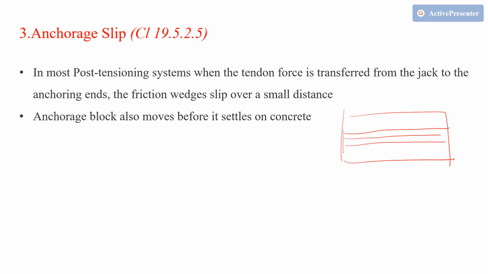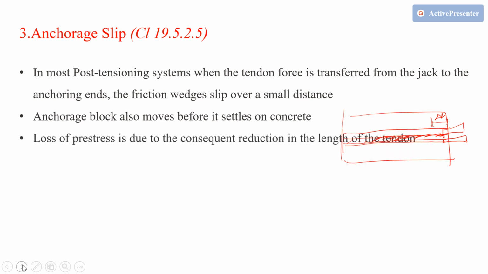Inside that you are having your reinforcement like this. So there will be a wedge here. This wedge will slip to some extent, delta L. Suppose this wedge slips due to this anchoring, and this delta L will cause some reduction in length, and as a result there will be some loss in stress.